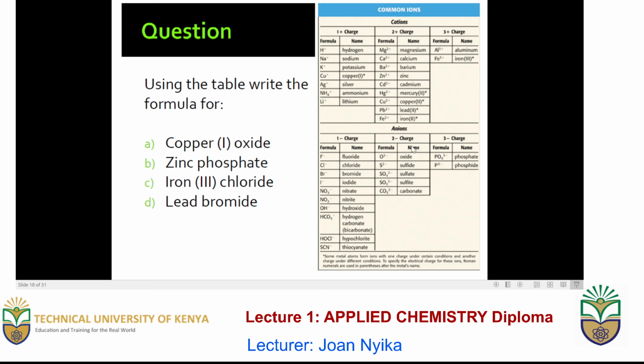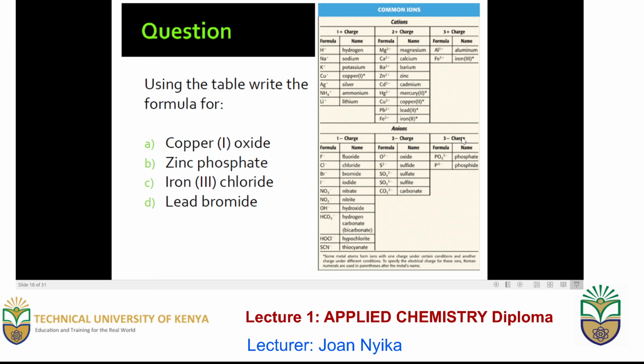Those with a negative charge of 2, such as oxide, sulfide, sulfate, sulfite, and carbonate, require gaining 2 electrons so that they can engage in a chemical ionic reaction.